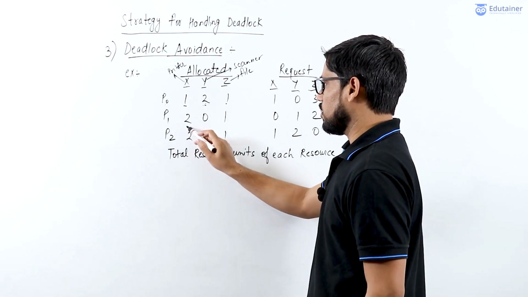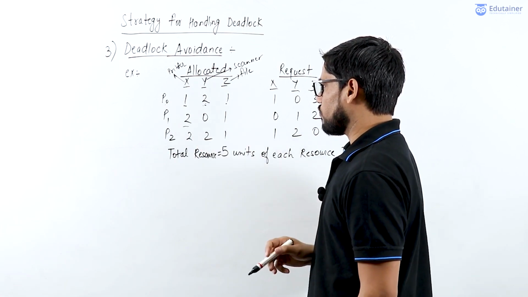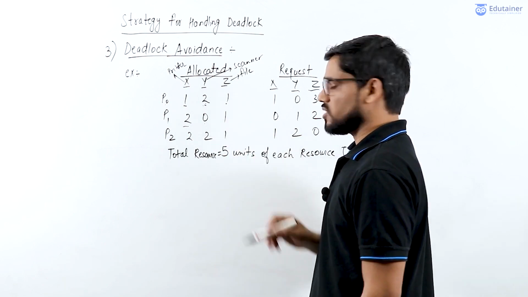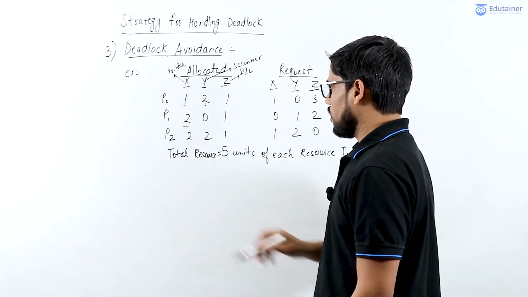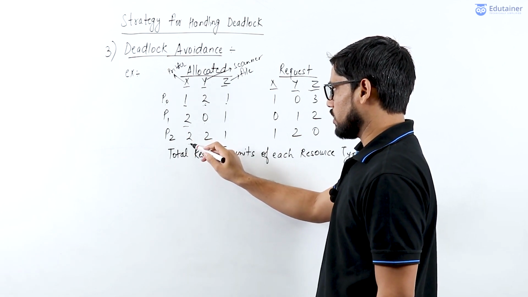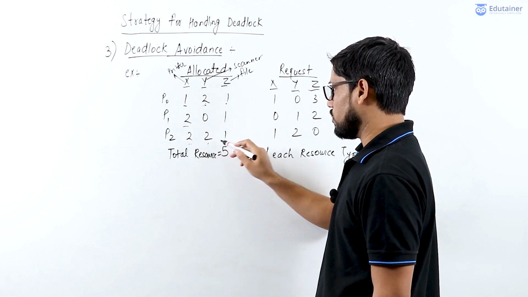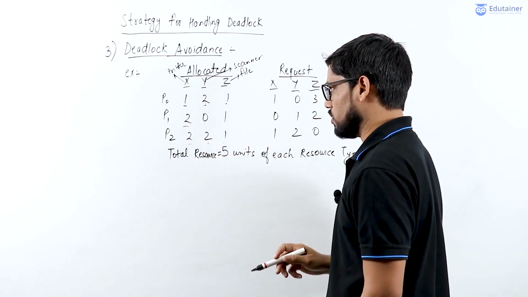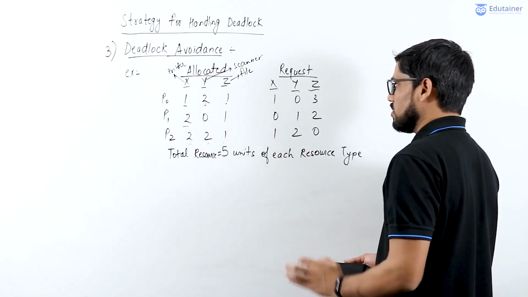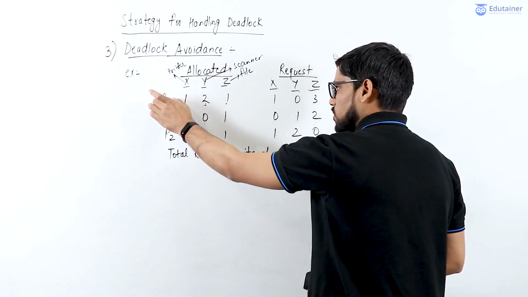Similarly, process P1 is having two instances of resource X, 0 instances of resource Y and 1 instance of resource Z. And similarly, process P2 is having 2 instances of resource X, 2 instances of resource Y and 1 instance of resource Z.